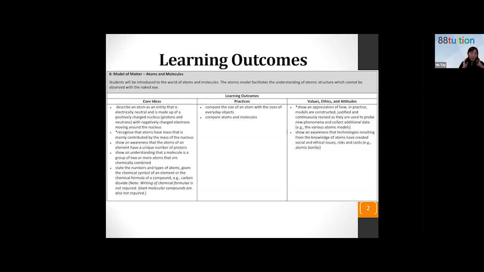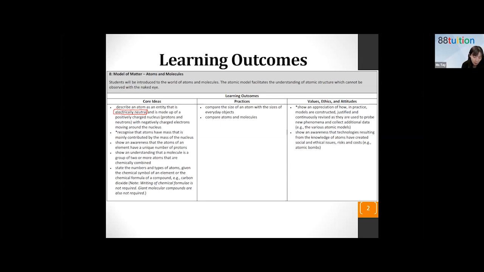Now, learning outcomes. So MOE expects the students to learn all this. This is the new syllabus, which is what you are currently doing. So you need to describe an atom as an entity that is electrically neutral. This term is important, electrically neutral.